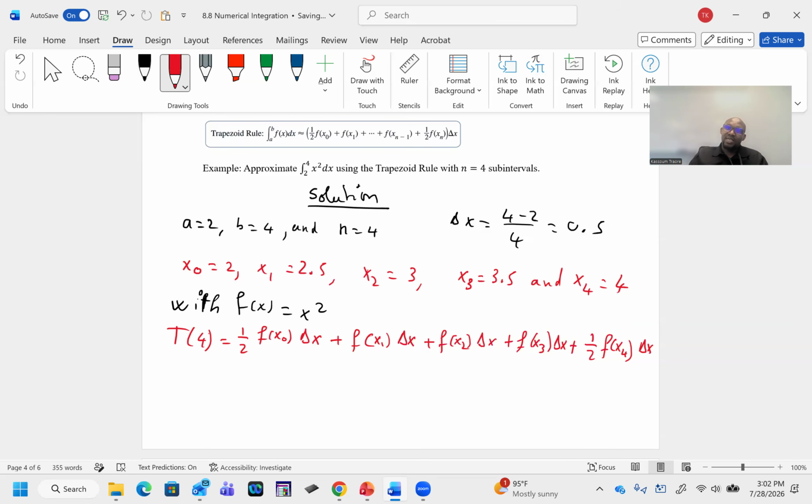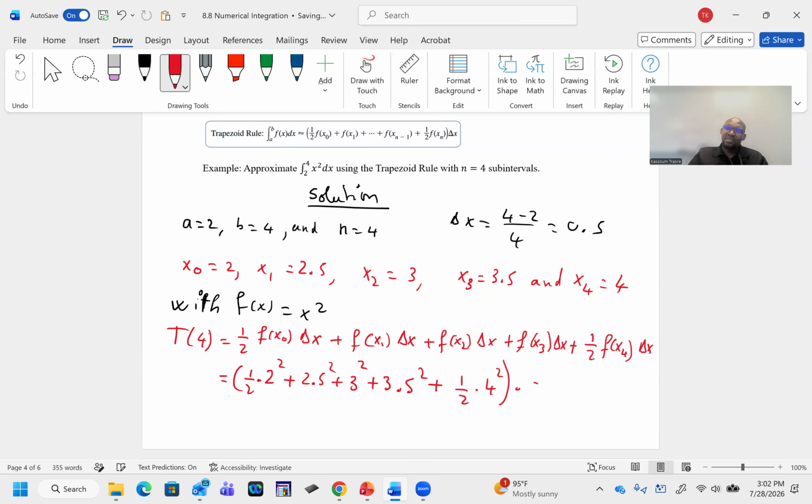We can factor delta x. What is my x0? x0 is 2. So 1/2 times 2 squared plus f of x1, which is 2.5 squared, plus 3 squared plus 3.5 squared plus 1/2 times 4 squared, times delta x.